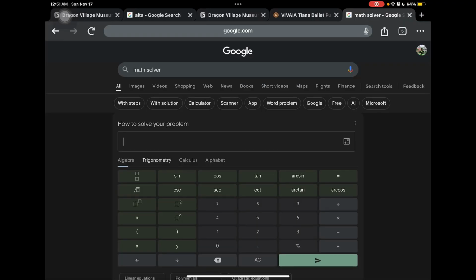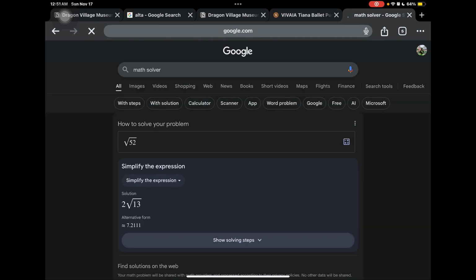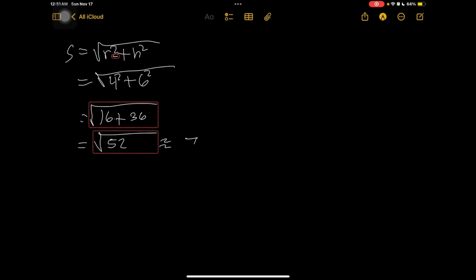So the square root of 52 is 7.2 meter. And now we're gonna solve for surface area.